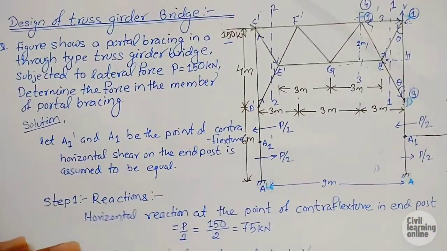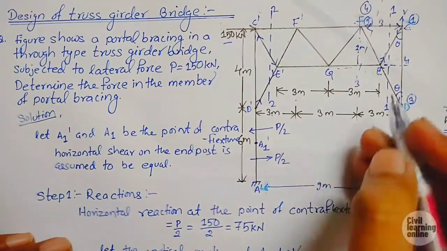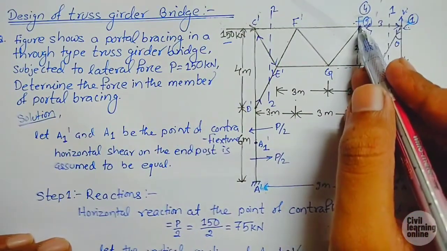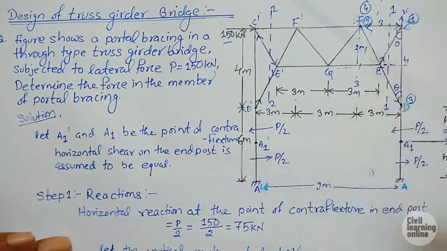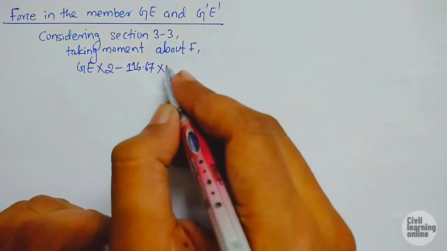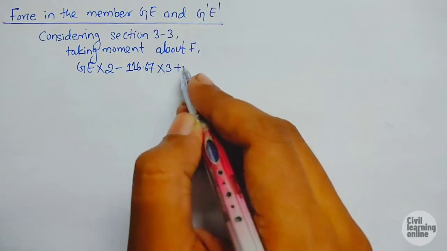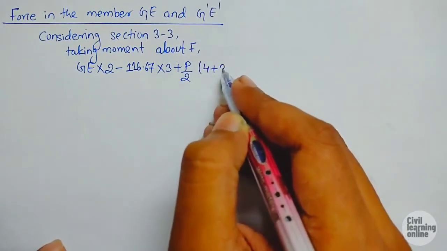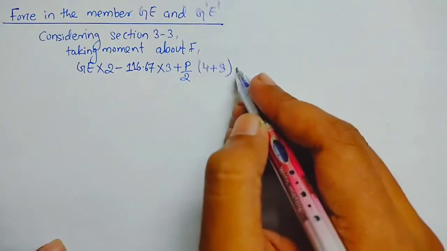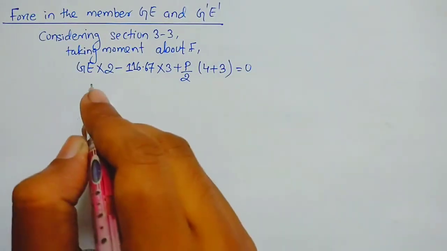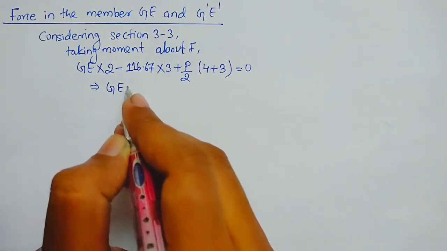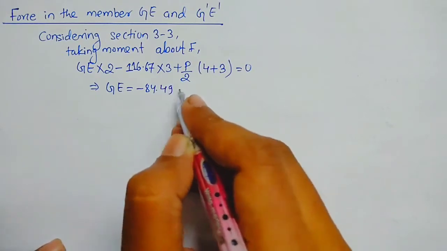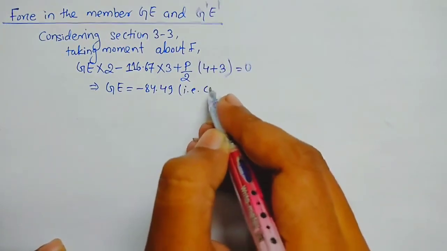So this distance of the vertical reaction V from point F will be 3 meter, so it is multiplied by 3 here, and distance of this force P by 2 is 4 plus 3 from the point F. So it will be equal to 0, and solving this we will get the value of GE equals minus 84.49. Negative sign means that it is compression.